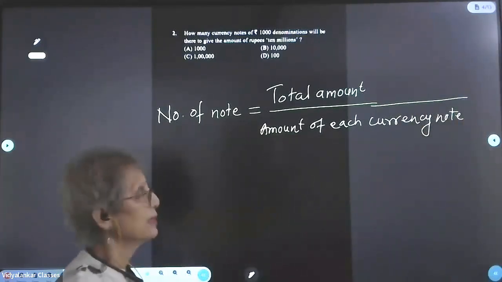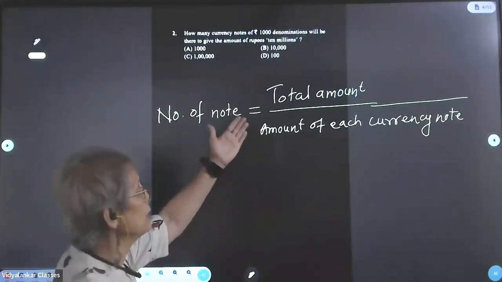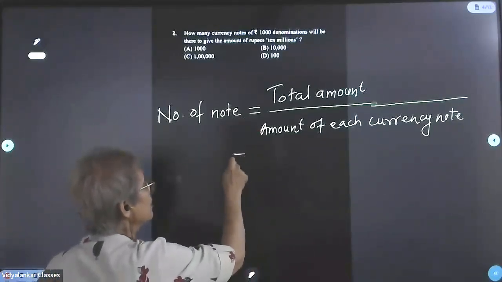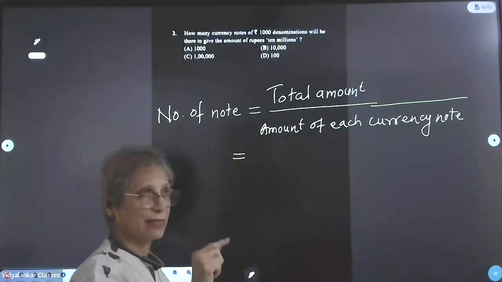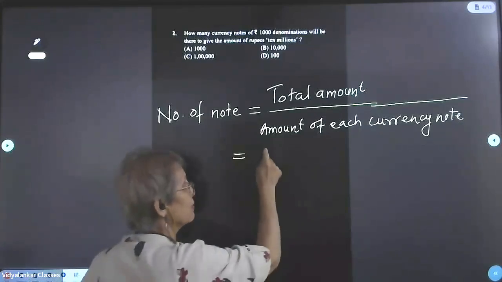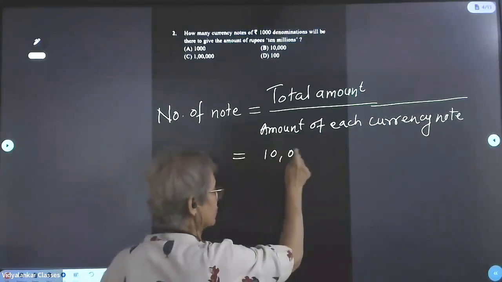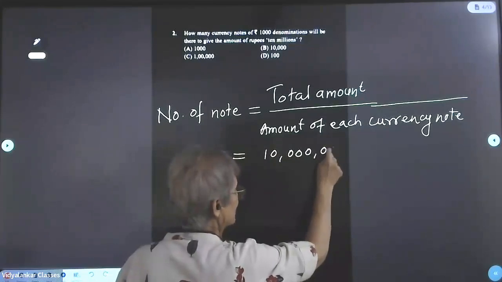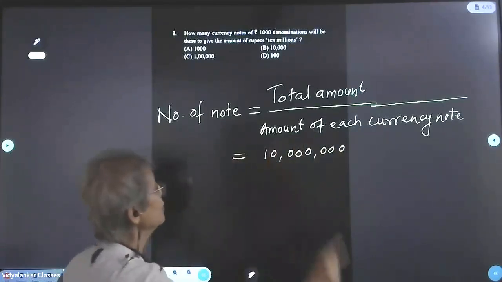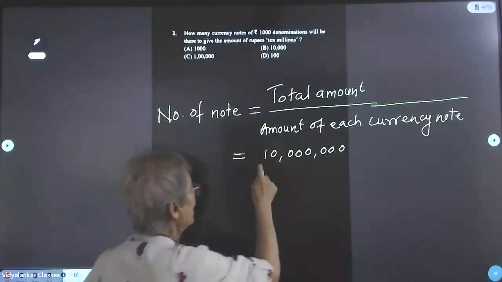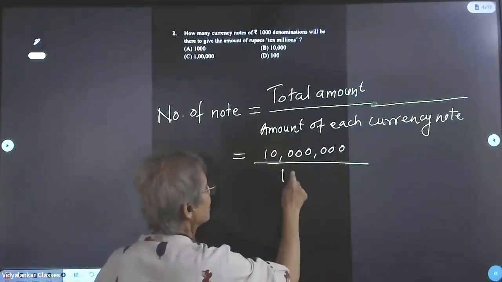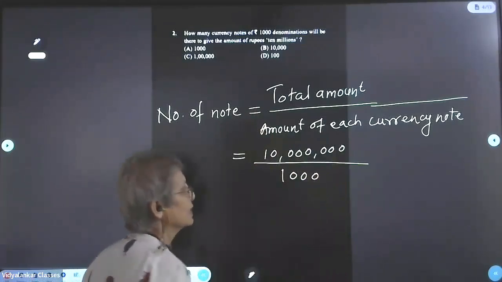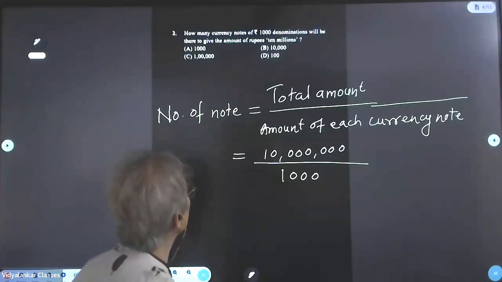Now it becomes very easy. Total amount, how much? 10 million. First of all, let us write the 10 million number correctly. Million means 6 zeros, and 10 means first you write 10 and then put 6 zeros. So this becomes 10 million. Okay, and after that, the amount of each currency note is 1000. Just cancel the zeros, you will get the answer.